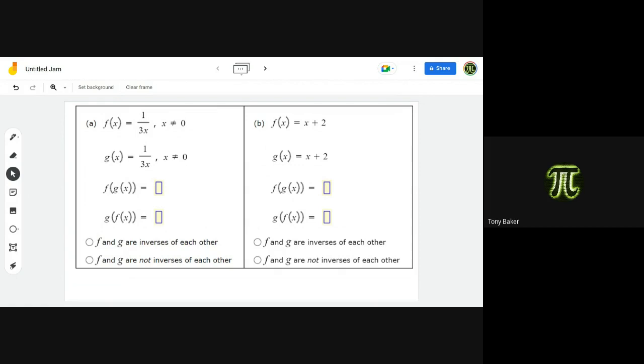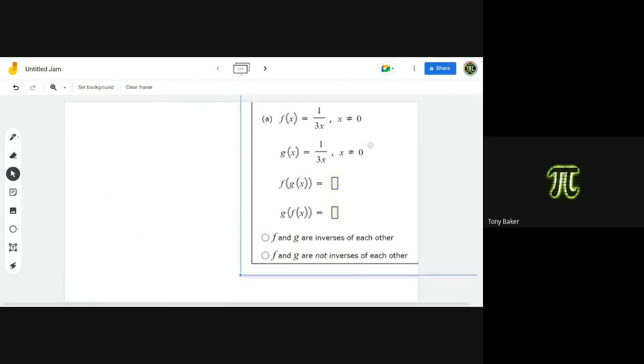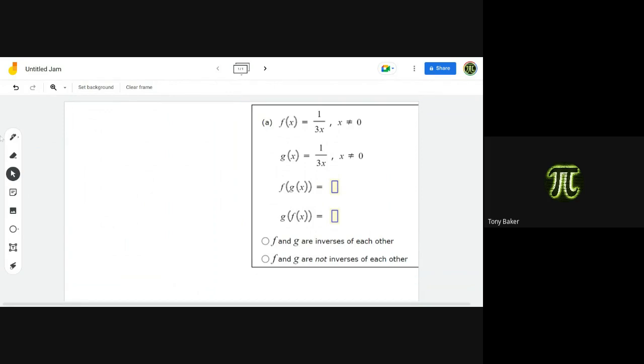Okay? So let's look at the first one. So we would do f of g of x. In this case, they're both the same, so that's going to make my life a little easier.